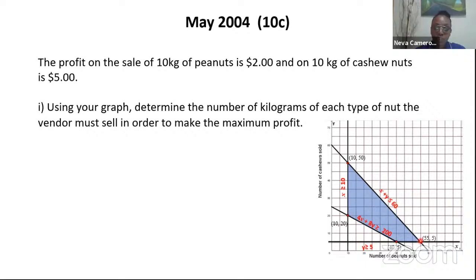That's what we are using to test, because remember that blue section speaks to the feasibility where the profit lies. So we want to say which one of these would allow us to have the maximum or the minimum profit. What do you think we need to have more of in order to maximize our profit? Is it more peanuts or more cashew, and why?